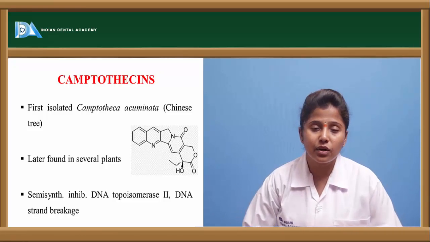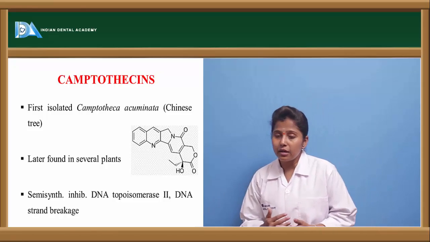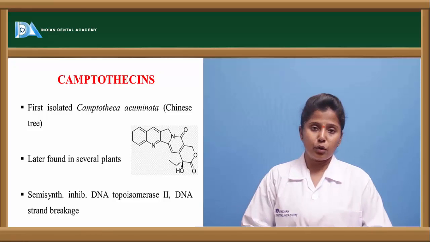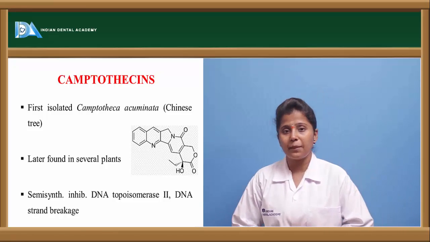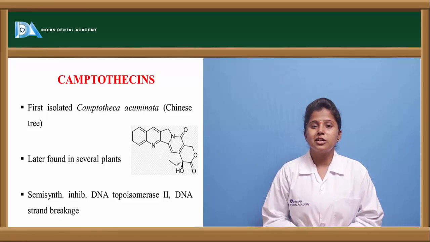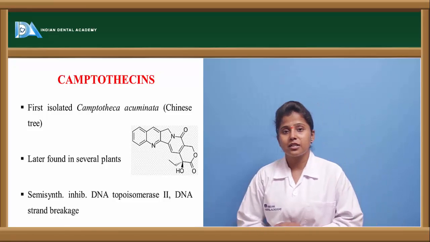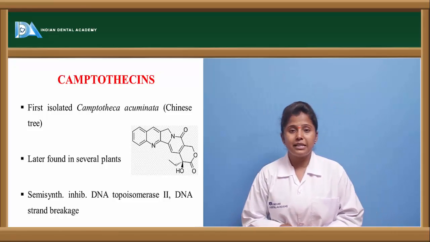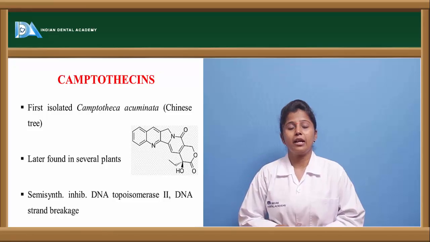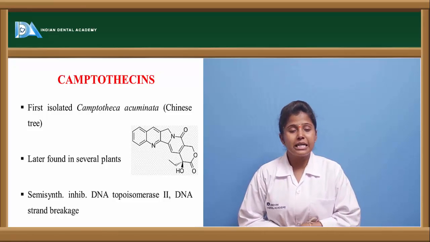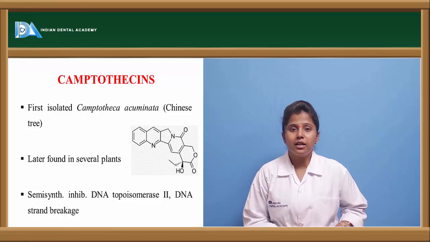Initially they were discovered from this plant, but later they were found in other species of Camptotheca as well. There are various species of the Camptotheca plant, but initially it was found in the acuminata species, and now it is found in various other species also. These also act by the mechanism of inhibiting topoisomerase 2, which is one of the main enzymes used in DNA replication.